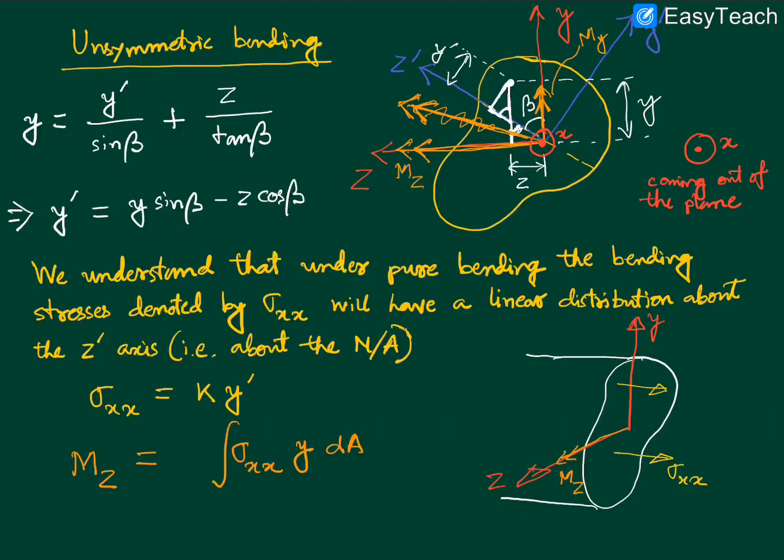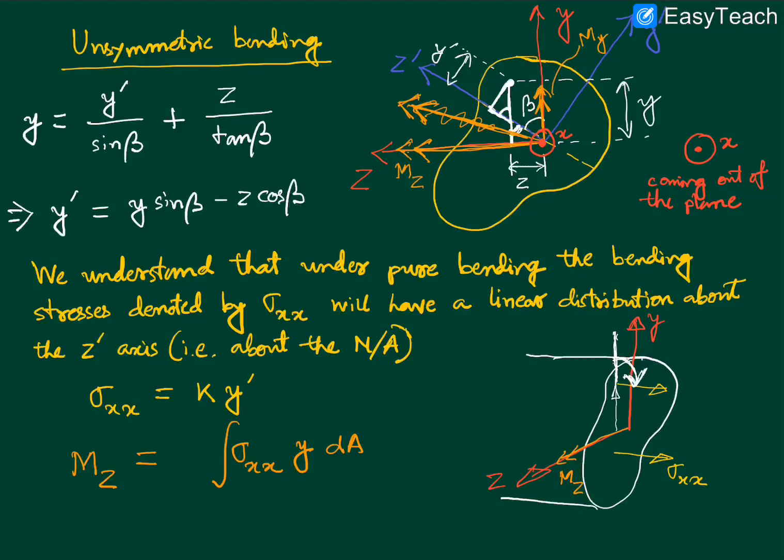So if I consider this kind of a moment arm, so this is my y, you understand that if I shift this arrow here and take the vector product like this, this clockwise sense of the turn from this moment arm to the sigma xx means that I would have to curl the fingers of my right hand in such a fashion that my thumb would be pointing along the negative z axis. So please mark my words carefully.